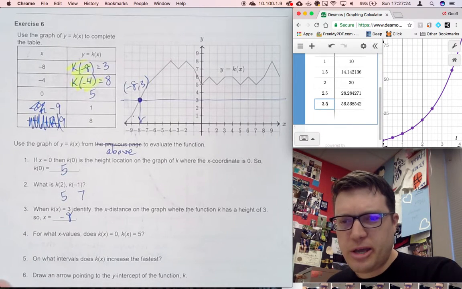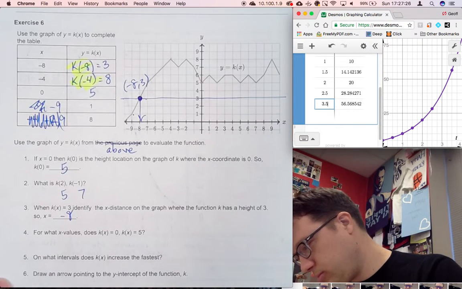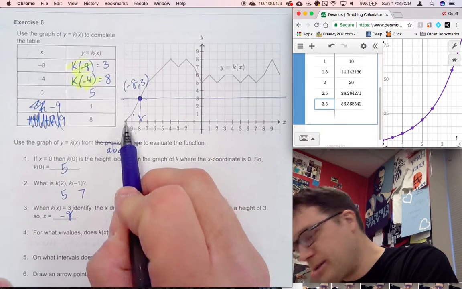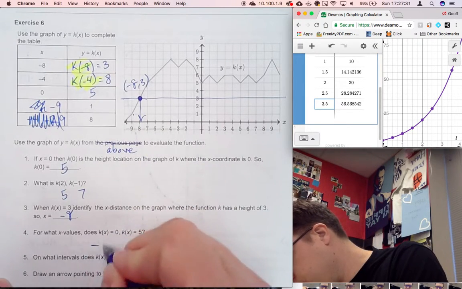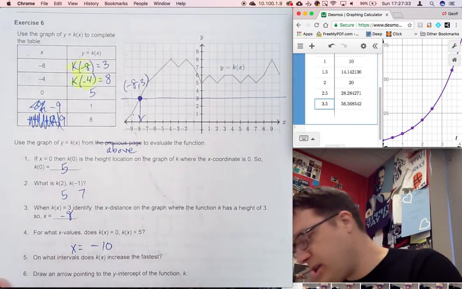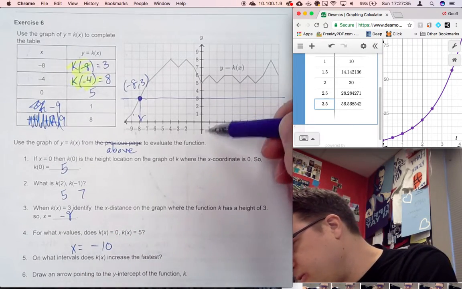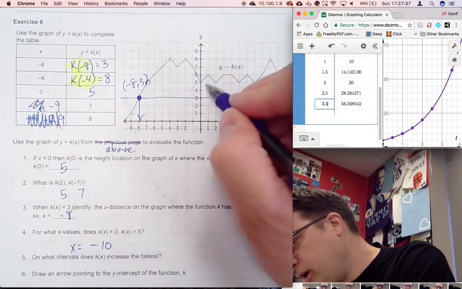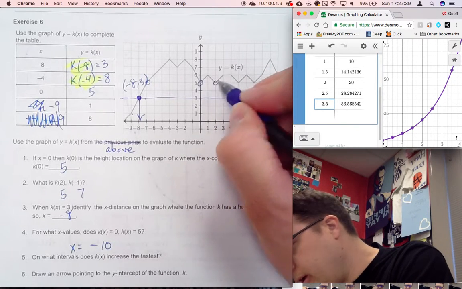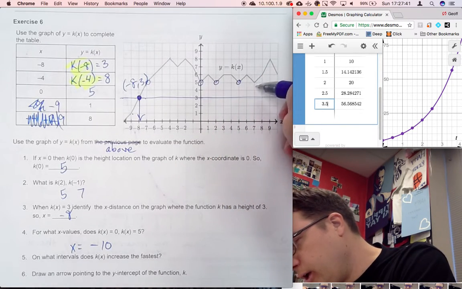For what x values does k of x equal 0? We're going to guesstimate that negative 10 is that point. So x equals negative 10. And where does k of x equal 5? Here, and here, and here, and here, and here.